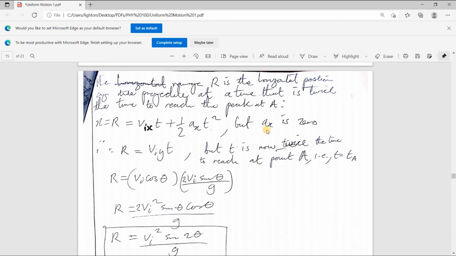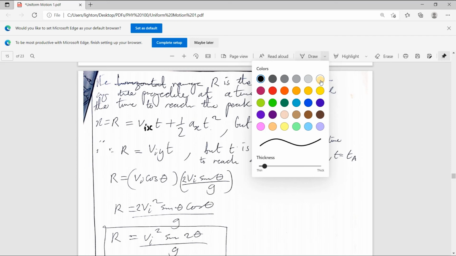Acceleration is 0 in the x-axis. That's why I was saying a subscript x t, but a x is 0. So if this is 0, we just remain with it.